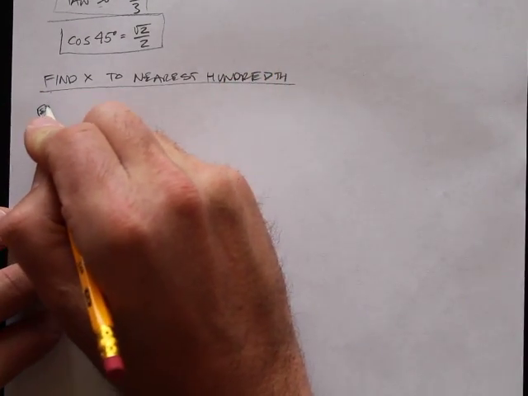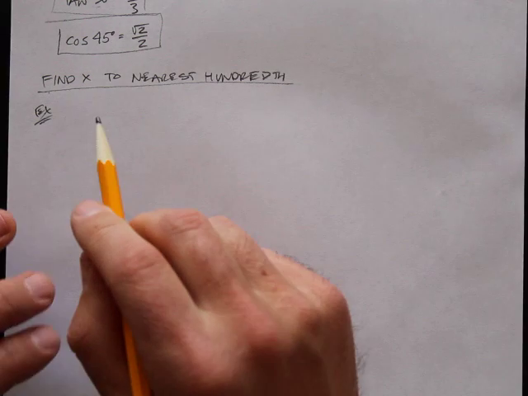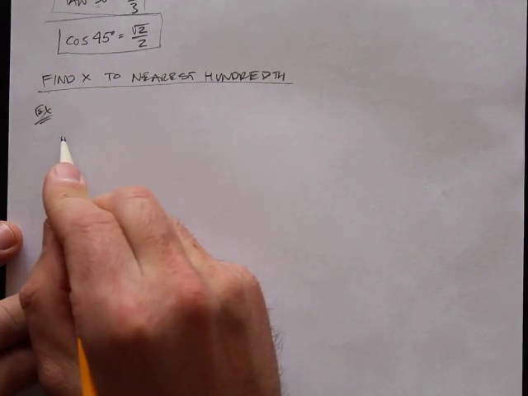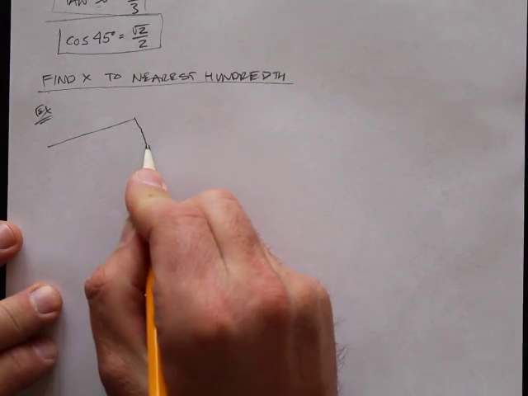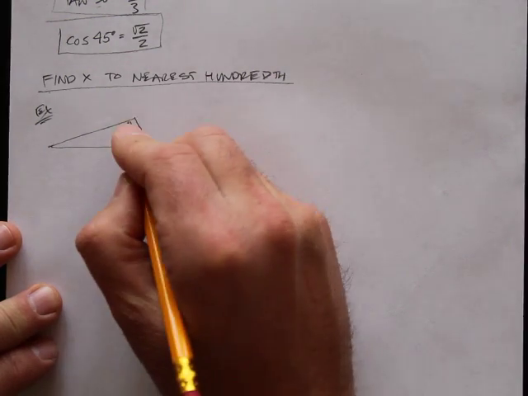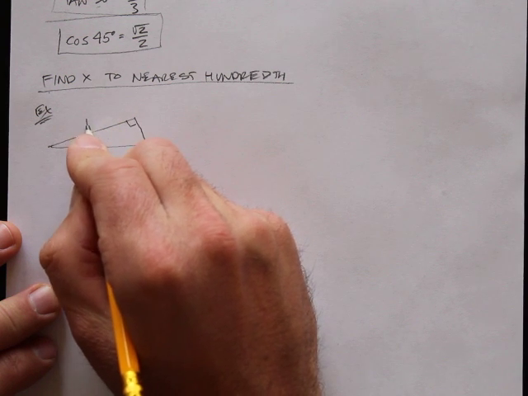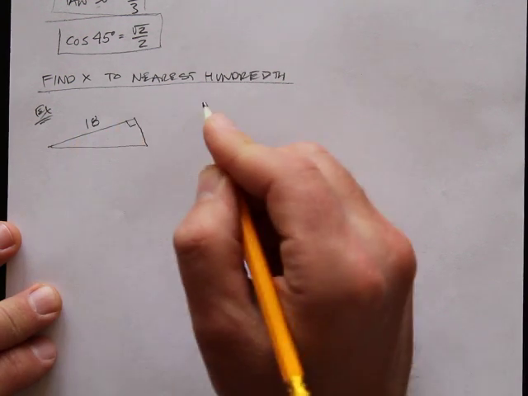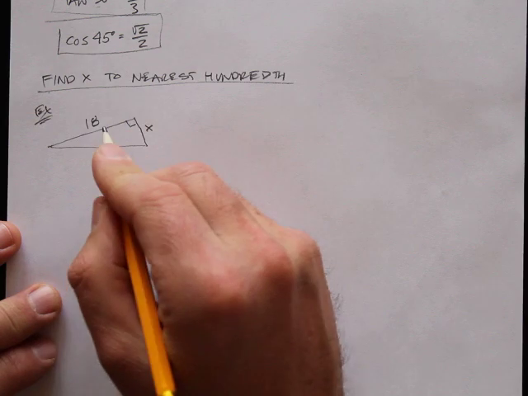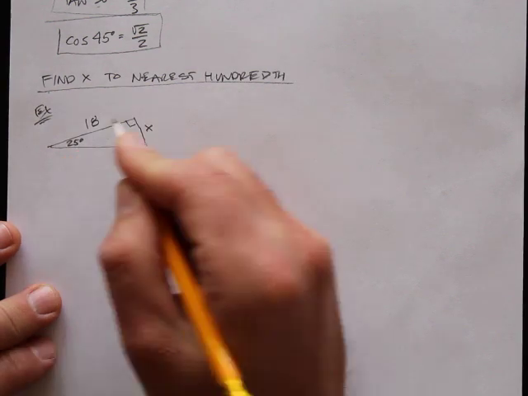So here's a calculator that has sine and cosine and tangent on it. Here is a triangle. It's a 90-degree triangle. It's a right triangle. This longer leg here is 18. This shorter leg is x. And this is 25 degrees here.